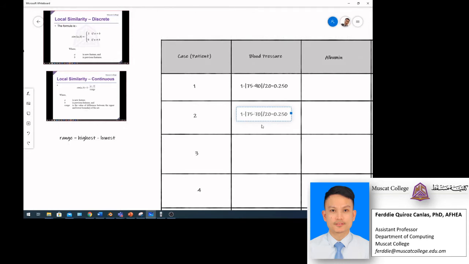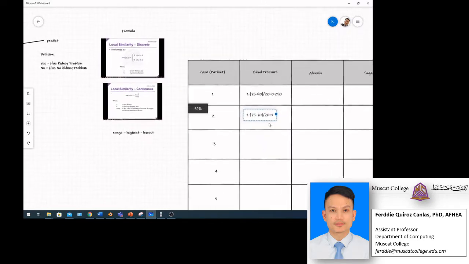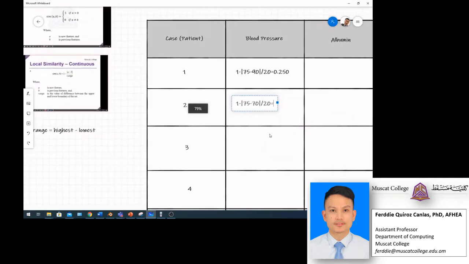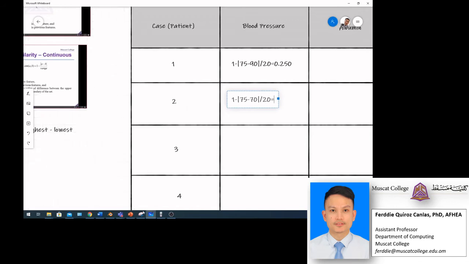I think this is 100%, right? 1. I think this is 1, because no, this is 75. No, this is not 1. So 75 minus 70, let's calculate it, please.